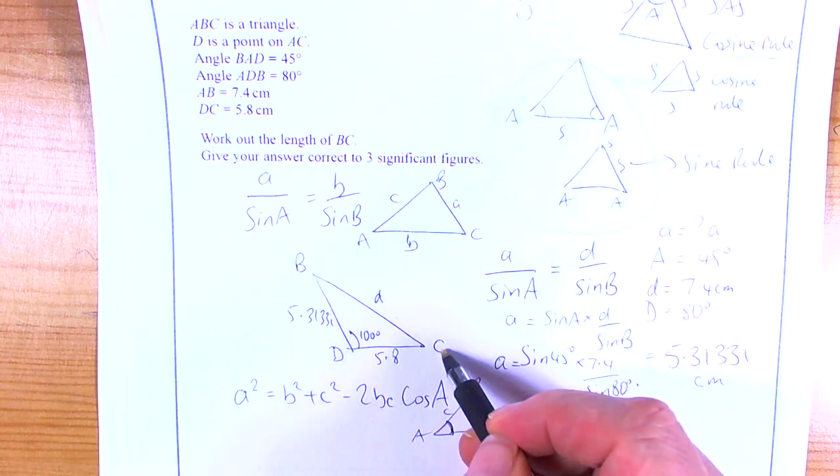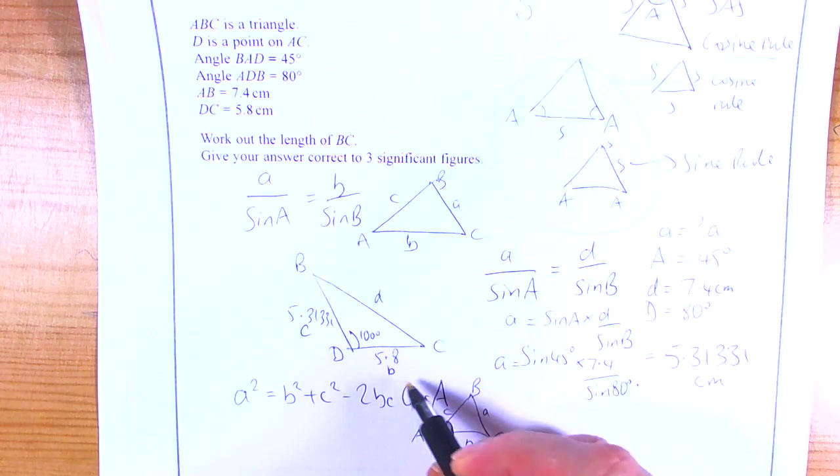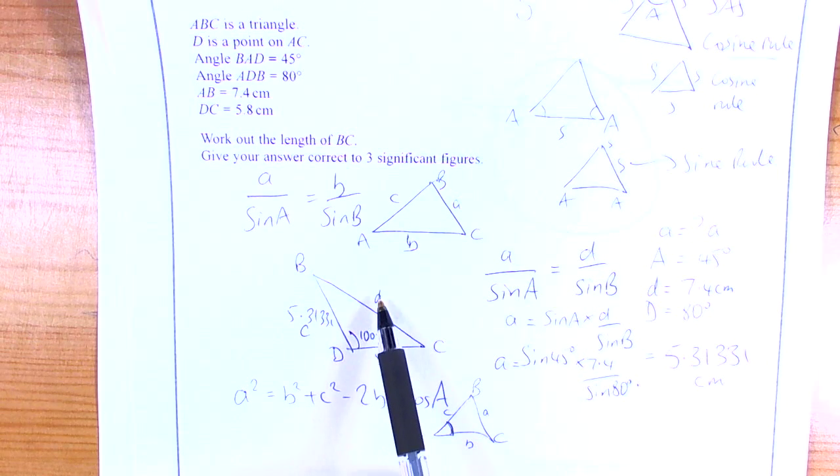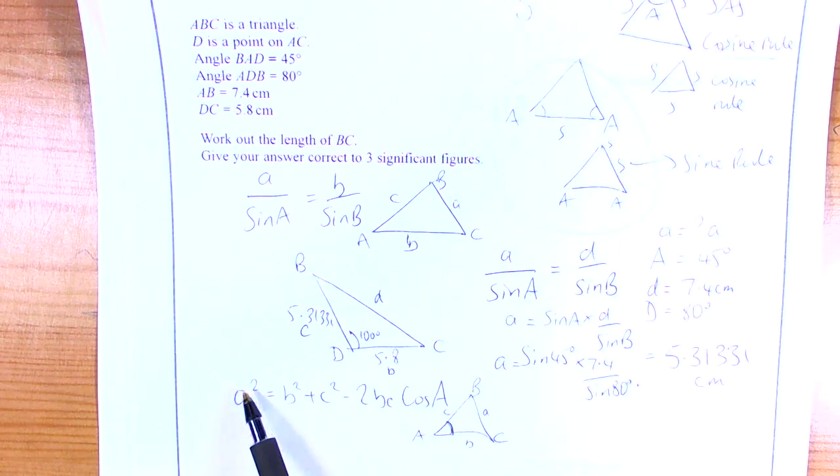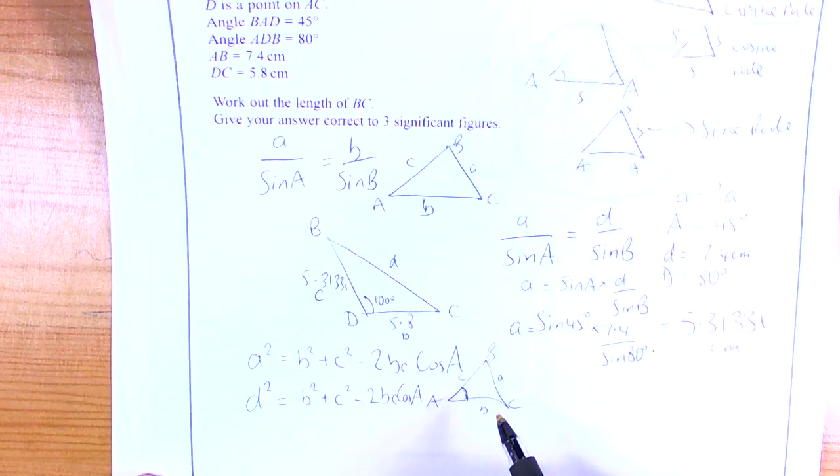So this gets labelled little d, this gets labelled little c, this gets labelled little b. And we can see that the length we want has been labelled little d, so that's going to replace the a squared, and the angle is going to be at capital D. So we rewrite the rule as d squared equals b squared plus c squared minus 2bc cos of big A. We just replace the numbers into there.